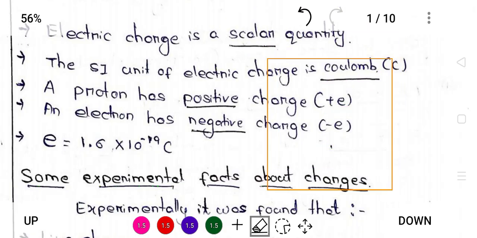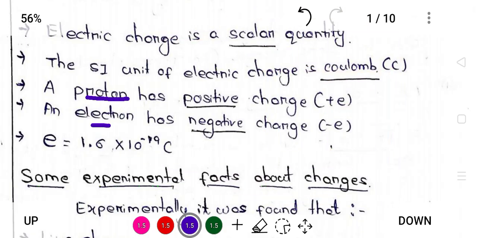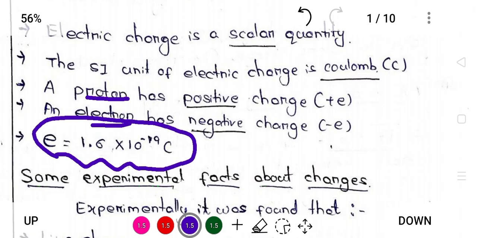A proton has a positive charge of plus e and an electron has a negative charge of minus e, where e is the charge of an electron and its value is 1.6 multiplied by 10 to the power minus 19 coulomb.